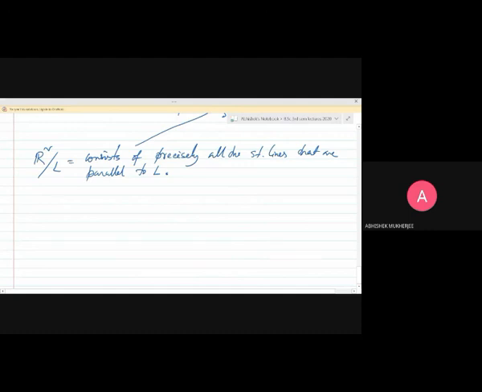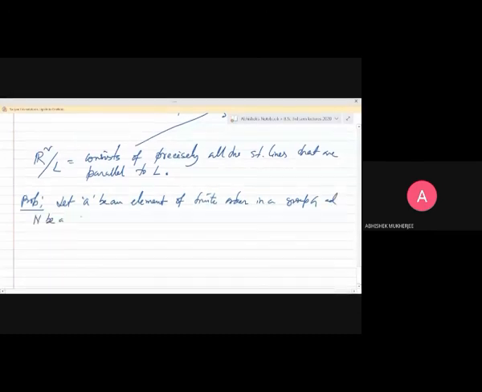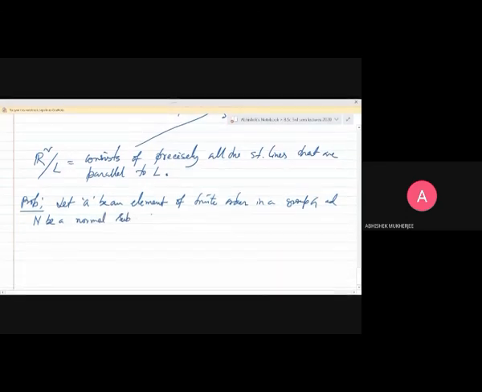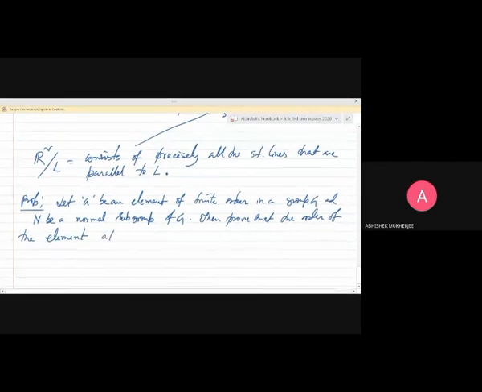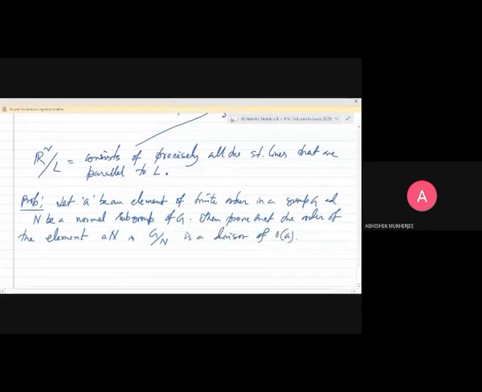Let a be an element of finite order in a group G, and N be a normal subgroup of G. Then prove that the order of the element aN in the factor group G by N is a divisor of the order of a.